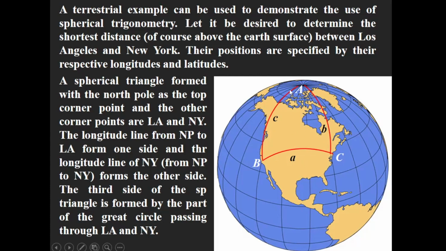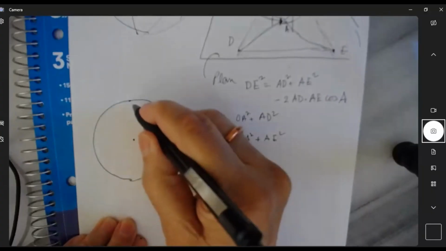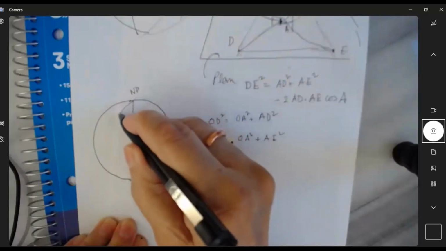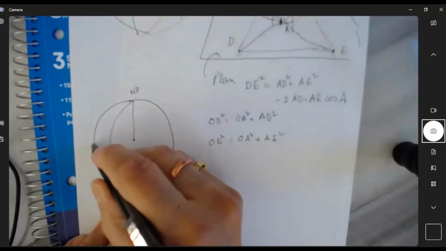Now, what is given? Capital A we have found out, because it is nothing but the difference of the two longitudes. And what are side B and side C? Angle C, which is subtended at the center, is nothing but 90 degrees minus the latitude of B. This is the center of the Earth, this is the North Pole, this is a meridian line, and this is the equator.